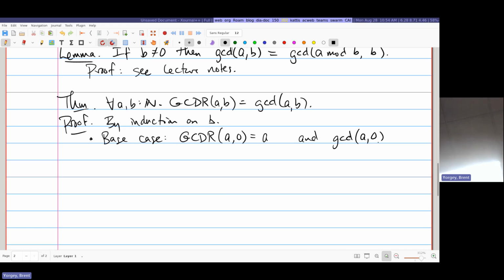A is in fact a common divisor of both A and 0: A divides itself, and anything divides 0, so the answer should be A. I want to emphasize these are both equal to A, but for very different reasons. In one case, it's because that's what the code says to do. In the other, we had to think about what GCD means and argue why that should be the right answer.